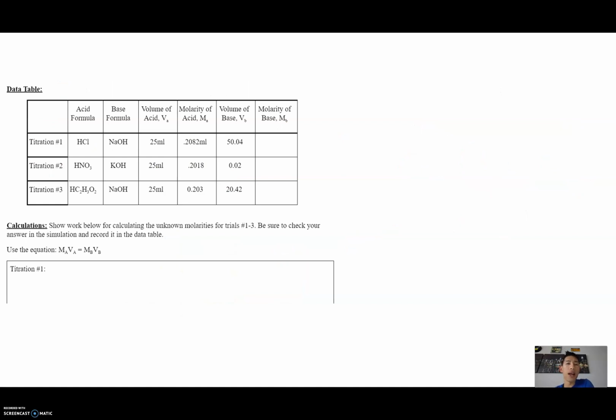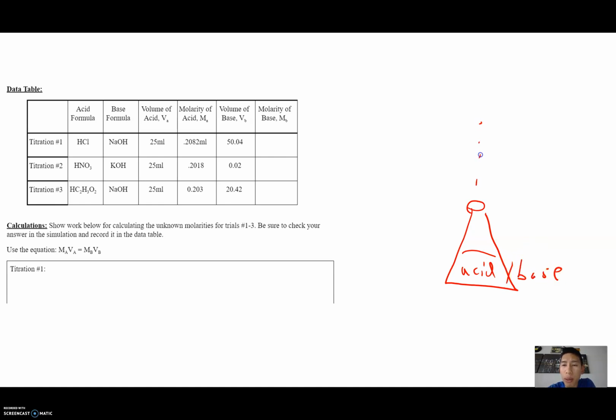Let's continue on. And so here we have the last part, which had to do with titrations. And what happened here is we had a flask, and inside we'd have either an acid or a base.